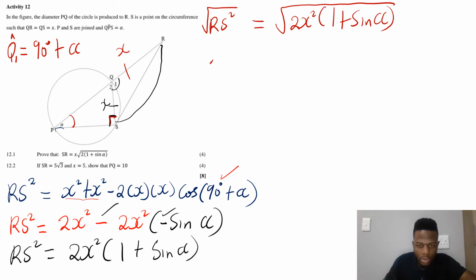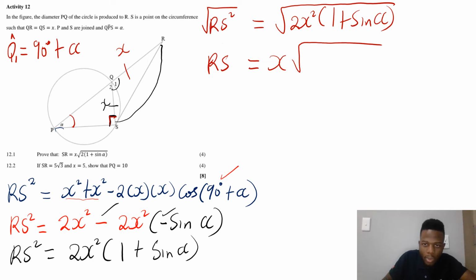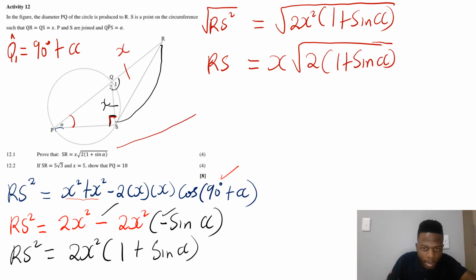If you check very well, this is going to give us RS equal to, this x squared is going to move out of our square root and become x. So we'll be left with root 2 into 1 plus sine alpha. And then I think we have proved what we were supposed to prove. So we are done with that question.